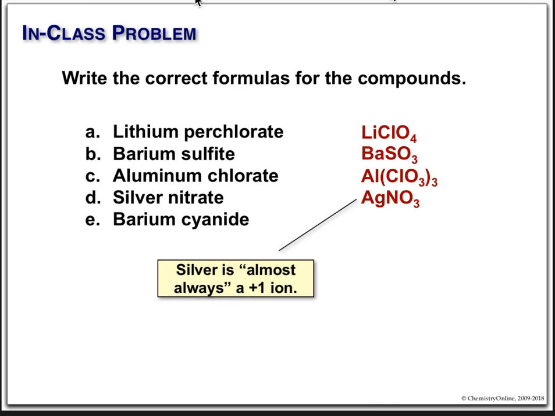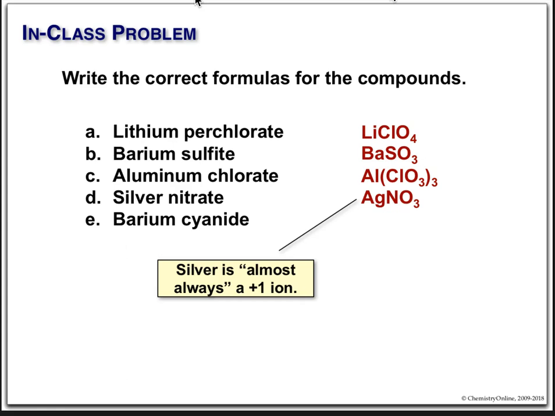And finally, barium cyanide. Remember cyanide, carbon nitrogen triple bond, -1 charge. Barium is a +2. So we need 2 cyanides. Think about how you write this.